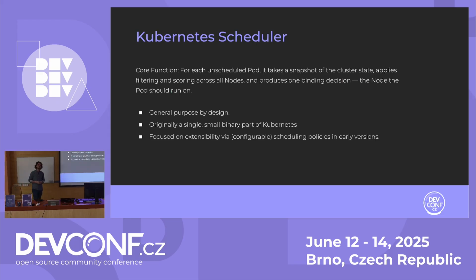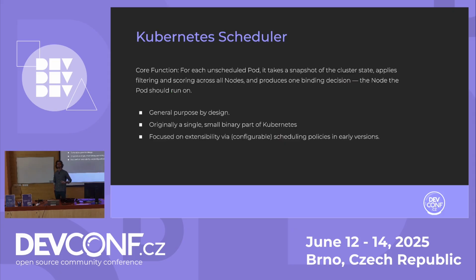Historically, the scheduler in Kubernetes is a very general purpose scheduler that was initially part of the Kubernetes repository code. It was essentially focused on configurability, in terms of users being able to configure the policies that they wanted to apply in the scheduler.